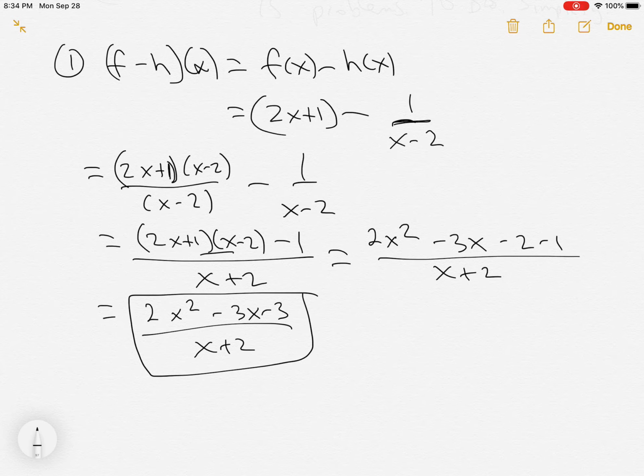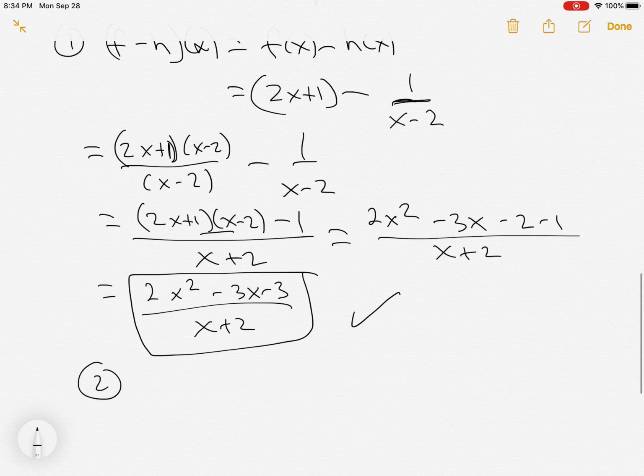Okay, so there you have it. 2x squared plus x minus 4x is minus 3x, minus 2, minus 1 is minus 3. So that's correct. And this is as simplified as you can get.